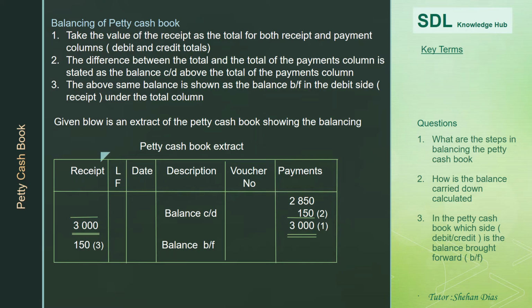So this difference is the balance in the petty cash book. This will be recorded as balance carried down above the payment column, and the same amount will be shown as balance brought forward under the total of the receipt side, that is on the debit side.